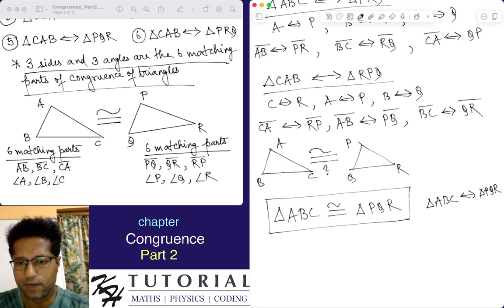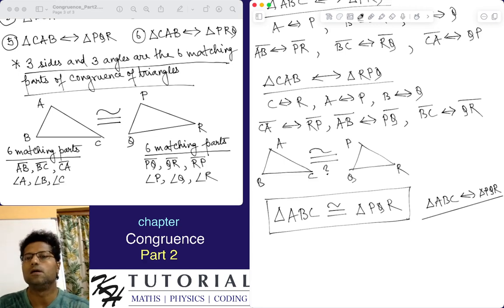When I say that triangle ABC is congruent to triangle PQR, I automatically mean to say that these two triangles are congruent under the matching or correspondence in which triangle ABC is mapped to triangle PQR.